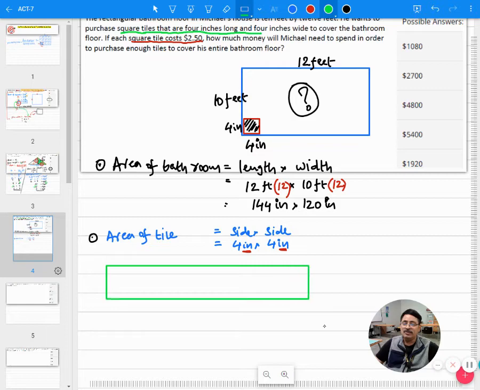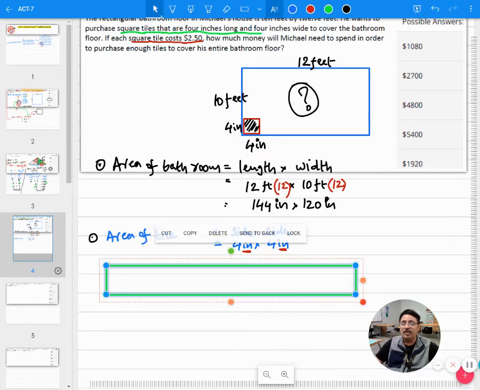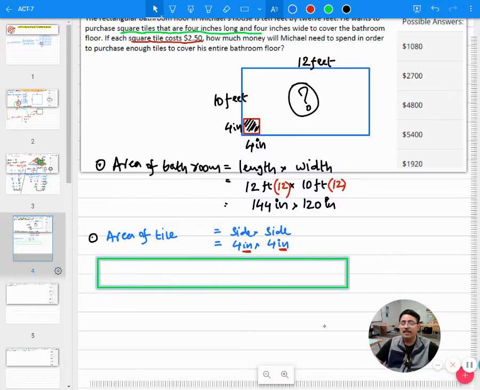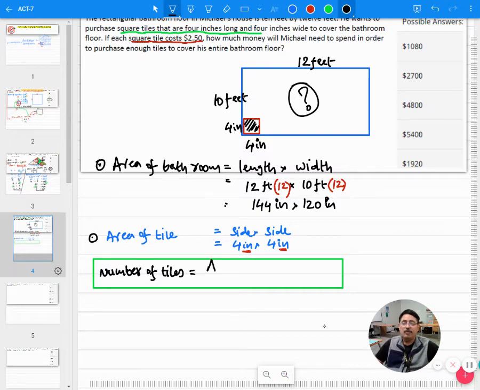Number of tiles equals, there is one rule that is to be remembered, the area of the polygon. In this case, it is a rectangle. So instead of polygon, let me write area of rectangle divided by area of one tile.